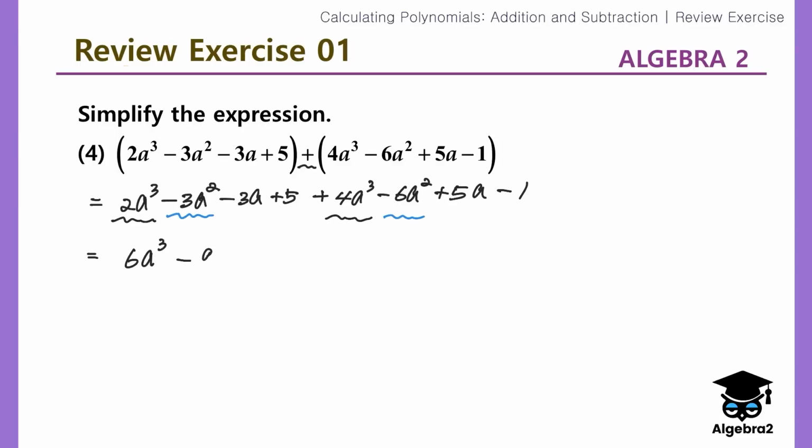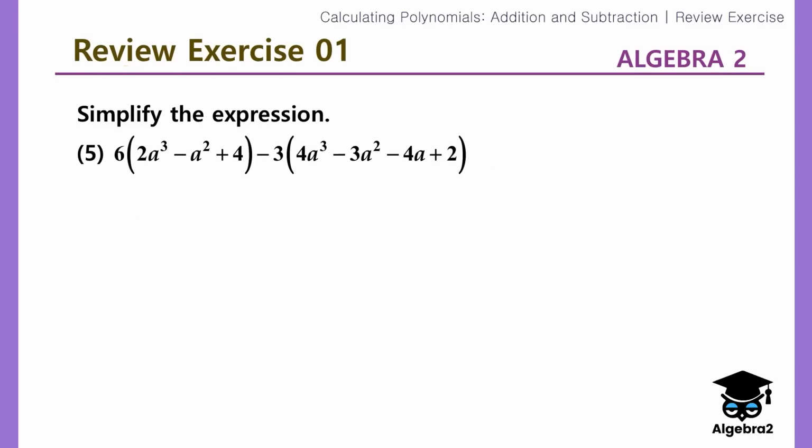So minus 9a squared. We have a term, negative 3a plus 5a. Minus 3 plus 5, that's plus 2, right? So plus 2a. And we have constant 5 minus 1. 5 minus 1, that's 4.